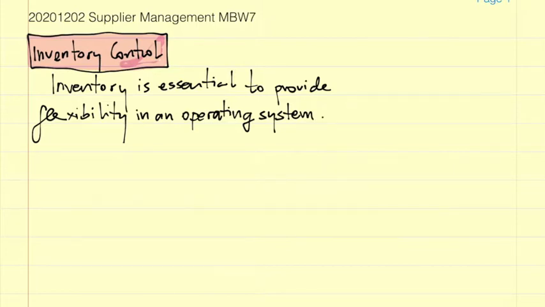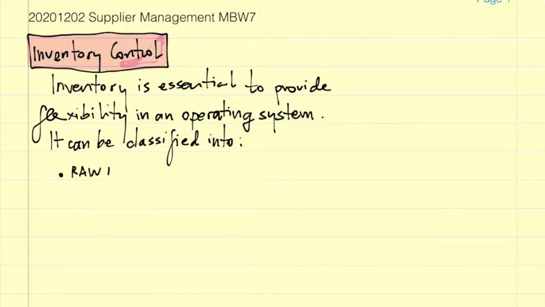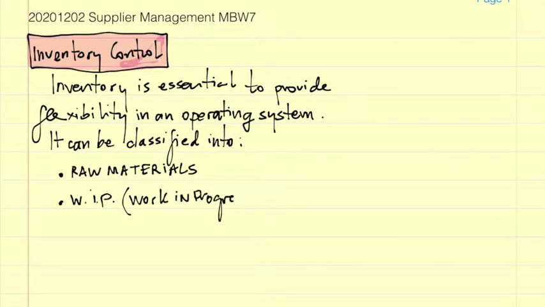It can be classified into raw materials, work in progress, and finished goods.